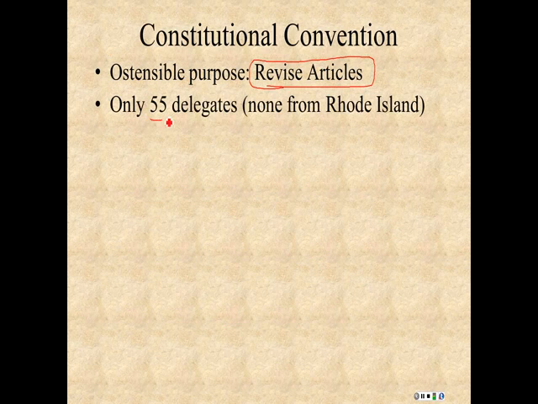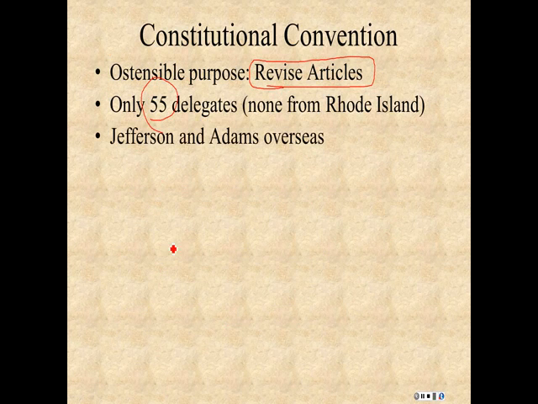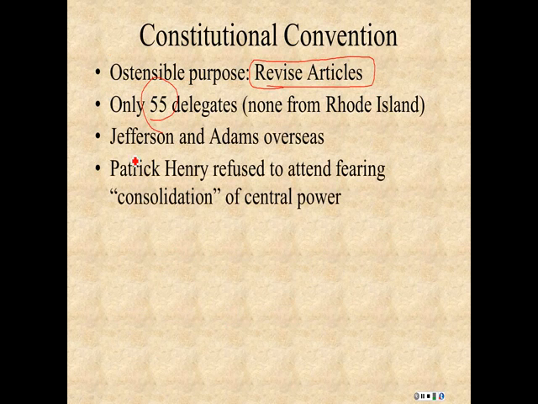We should realize that only 55 delegates drafted our Constitution. This wasn't something that the whole population participated in. In fact, there were a lot of the founding fathers that were not even there at the Constitutional Convention. Jefferson and Adams were overseas. People like Patrick Henry, the great patriot from the state of Virginia, who said, give me liberty or give me death.